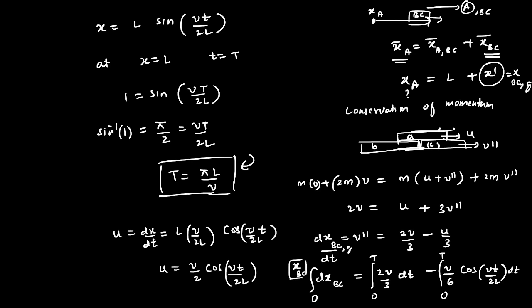We'll get the displacement of the BC combination with respect to the ground frame equal to 2V by 3 times t, minus V by 6, and let's integrate cos of Vt by 12 to get sine of Vt by 12, with limits 0 to T.